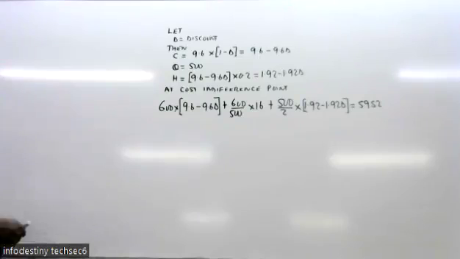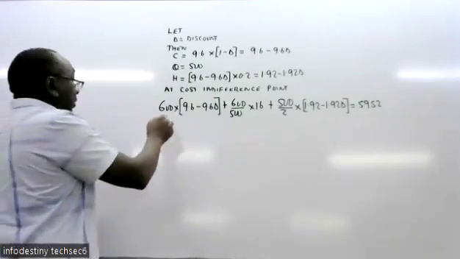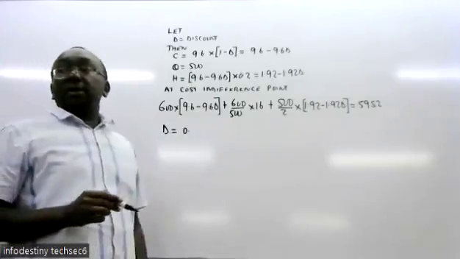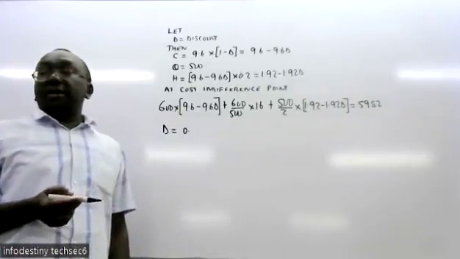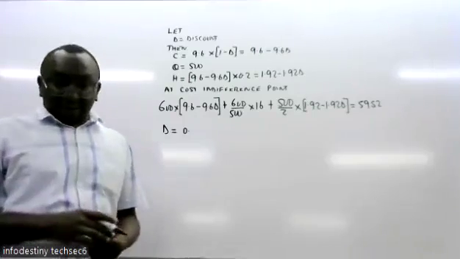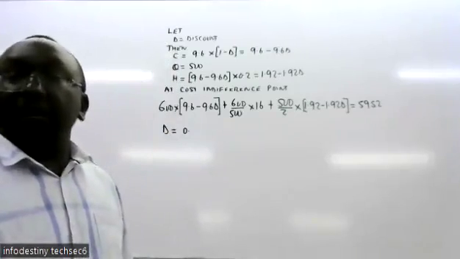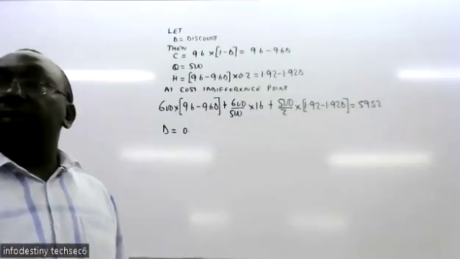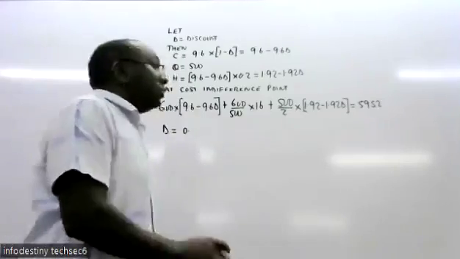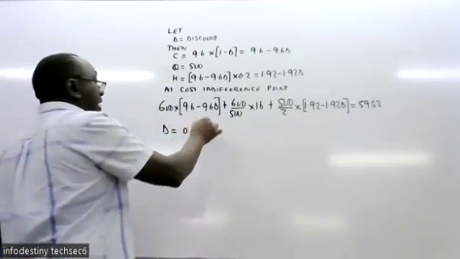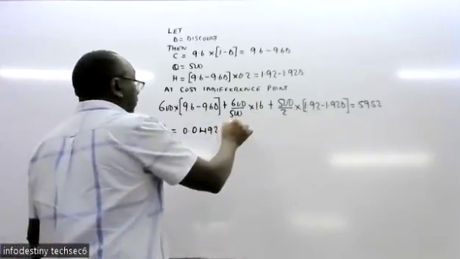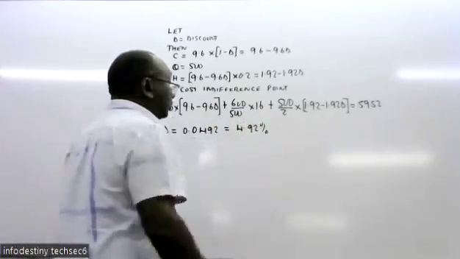So what have you gotten as D? It should be 0.0492, which is 4.92%.